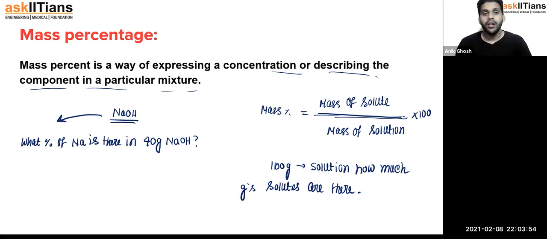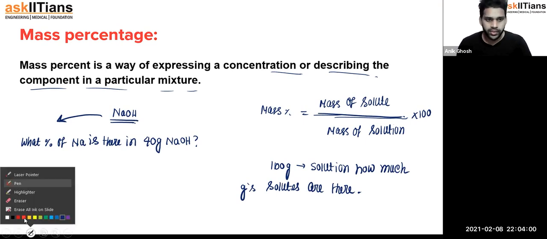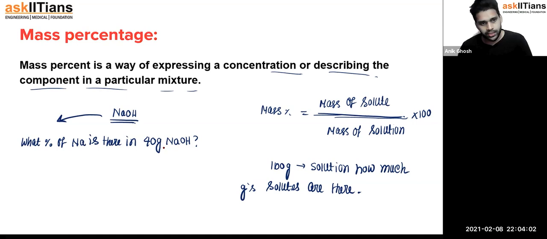Fine. Now, if I ask you to find this out, would you be able to do that? Just try it yourself. Pause this video and try it yourself. It's a very simple question. I have 40 grams of NaOH. In NaOH, I have one Na, one oxygen, and one hydrogen.